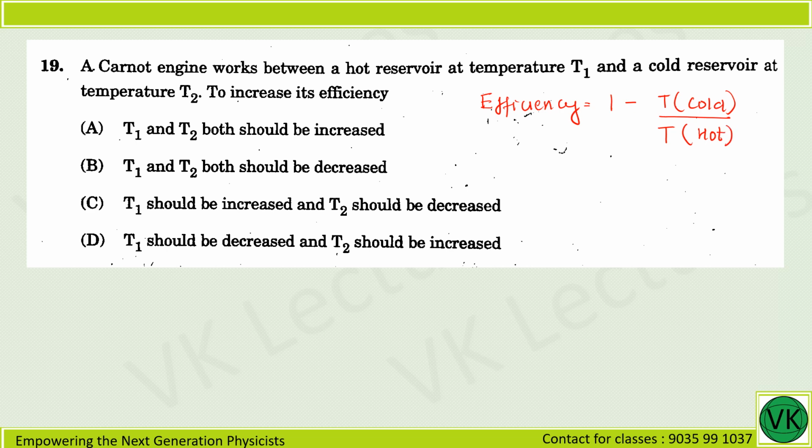So according to the question, T1 is the hot reservoir and T2 is the cold reservoir, so the efficiency is 1 minus T2 by T1. Now, to increase efficiency, the quantity 1 minus T2 by T1 has to be increased.